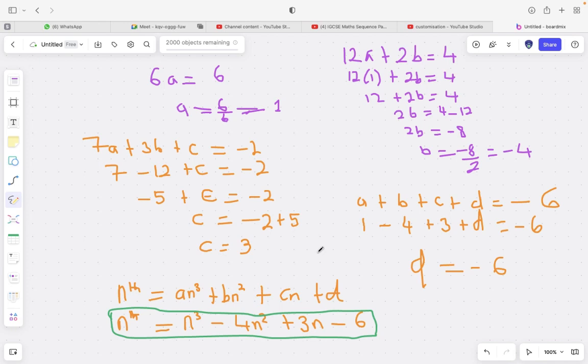Okay? So next one is the exponential sequence, or what you call the geometric sequence.